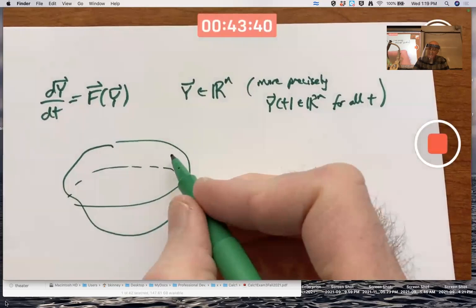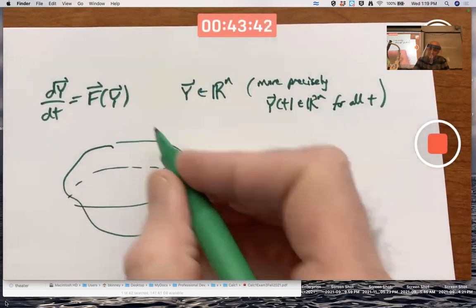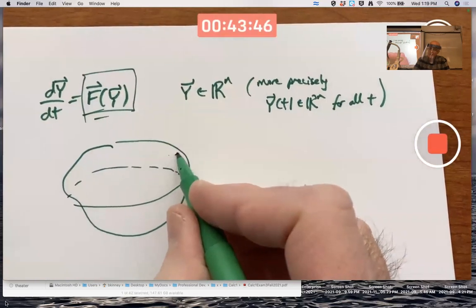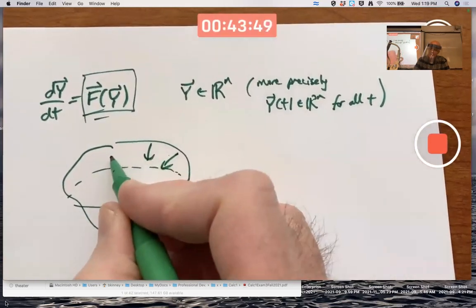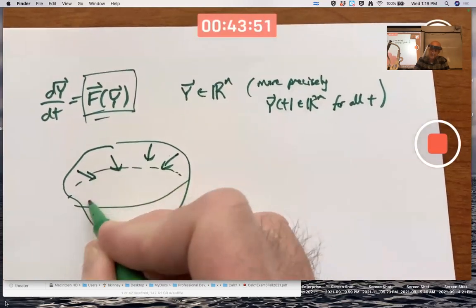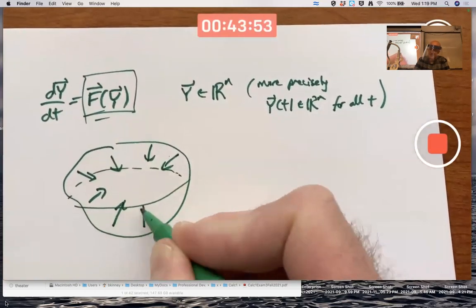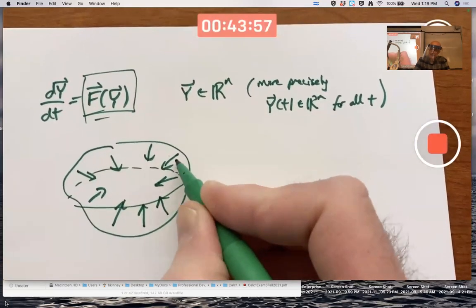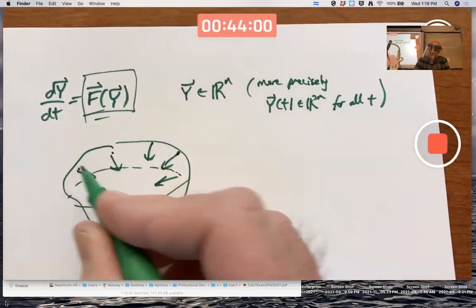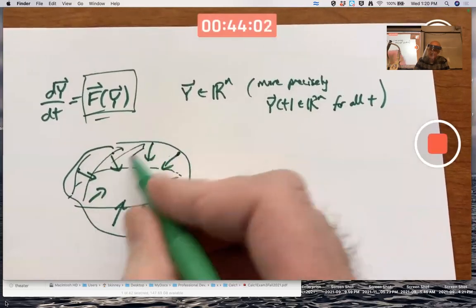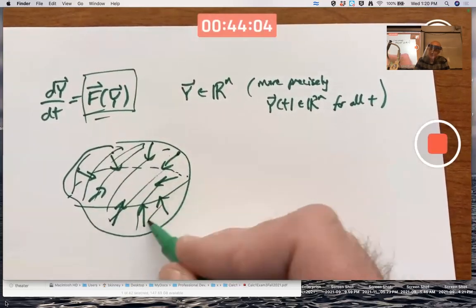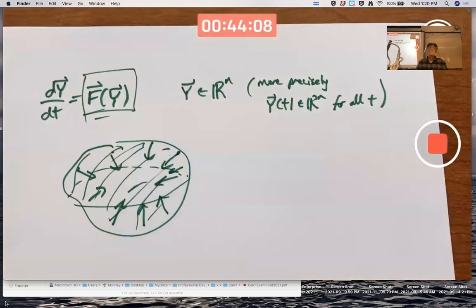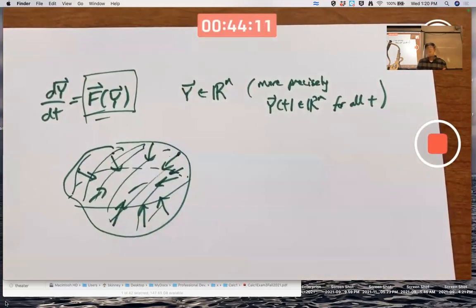And what typically happens for a trapping region is that the vector field defined by the right-hand side function, if you could somehow graph it, points inward along the boundary, typically. Imagine that these arrows are all pointing inward along the boundary. The base of the arrows is supposed to be on this surface that I'm drawing. And you need to imagine them going all into the region here. That is a trapping region.